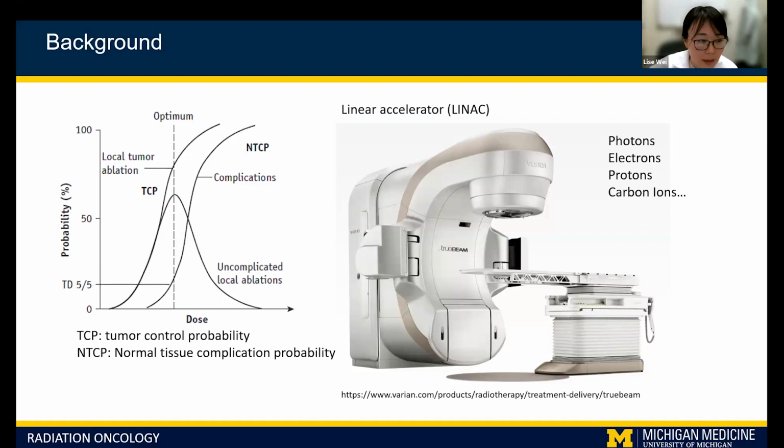The other curve is the normal tissue complication probability. So for radiotherapy, we want to find the optimum dose that gives good tumor control probability while limiting complications as low as possible. That's the sweet spot that we want to find and give to the specific patient.